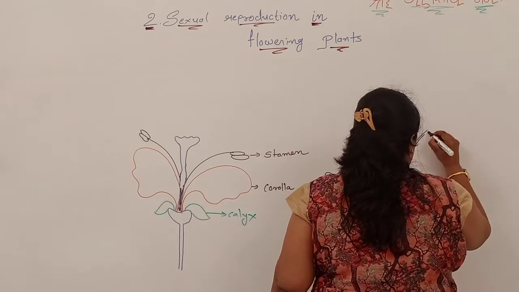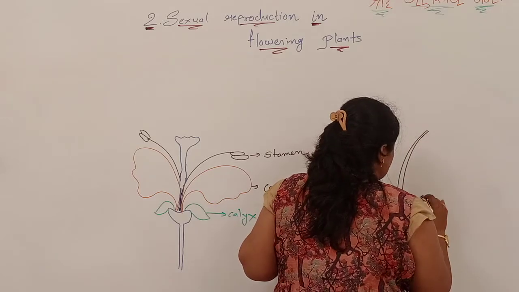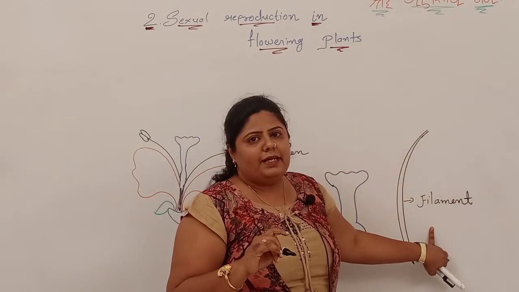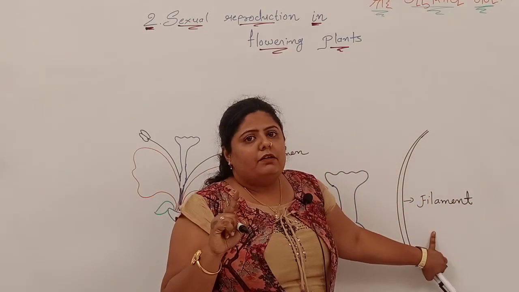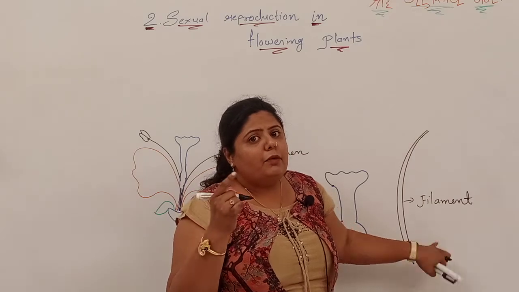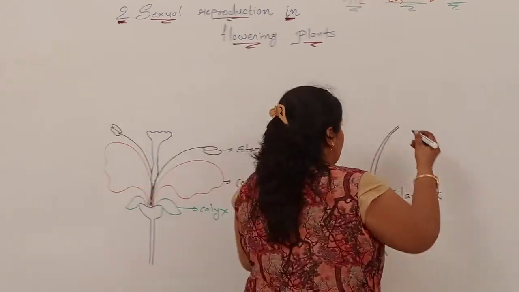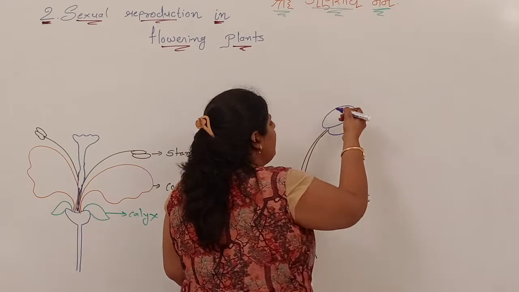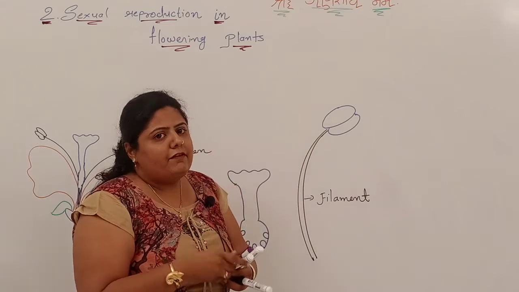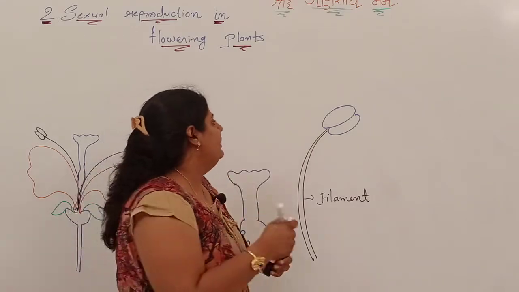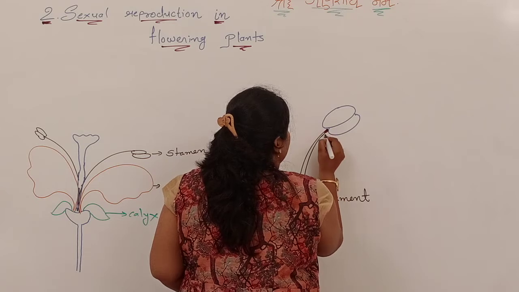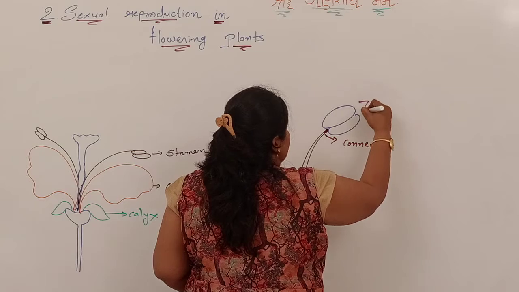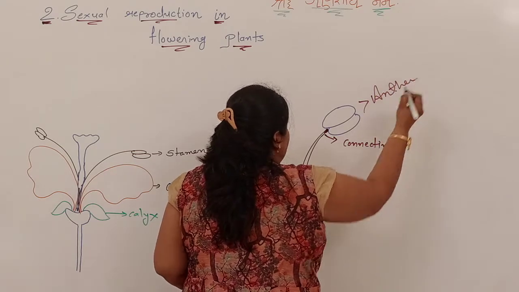Filament, this long stalk-like structure is called filament. What is the function of filament? To transfer food and water to the developing anther. Anther is a bilobed structure, and where the filament is joined to the anther, this middle portion is called connective, and this is the anther.